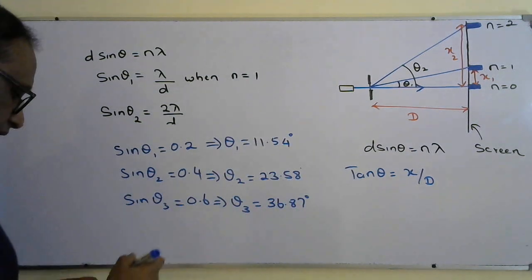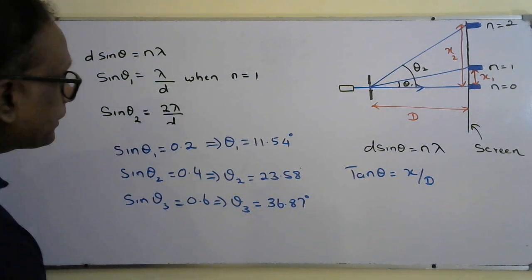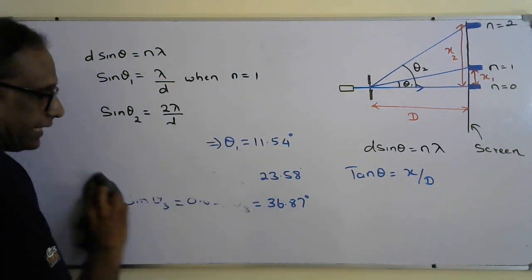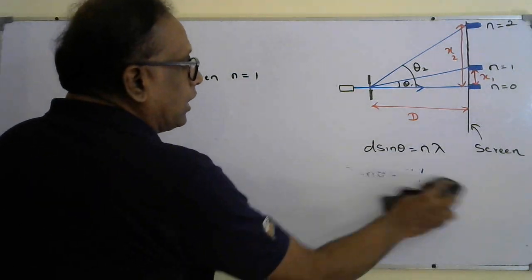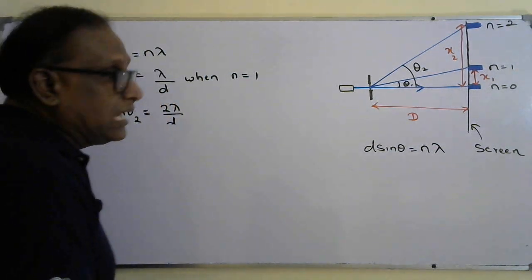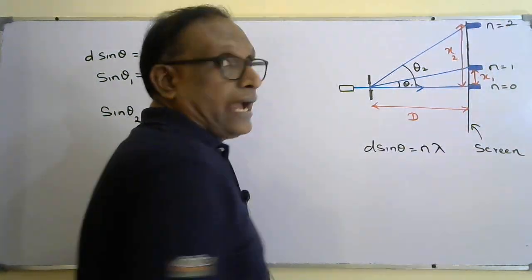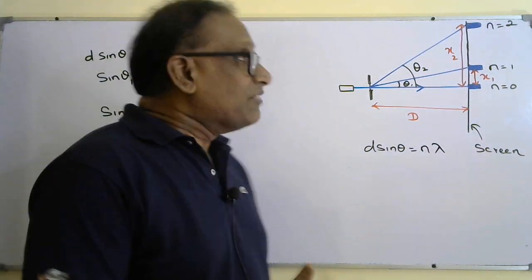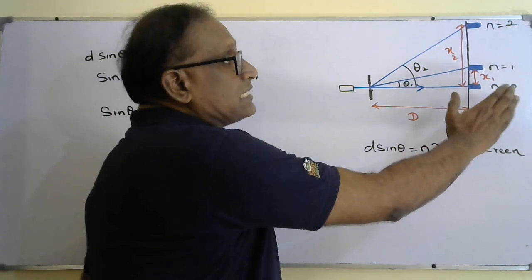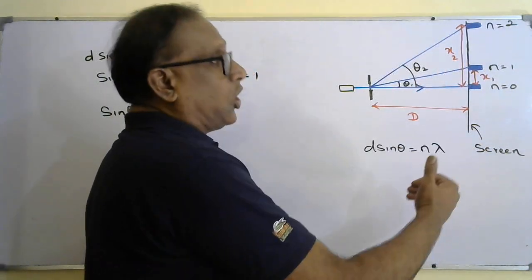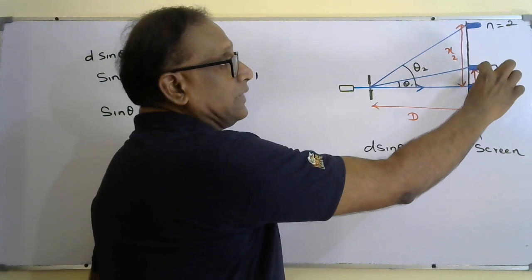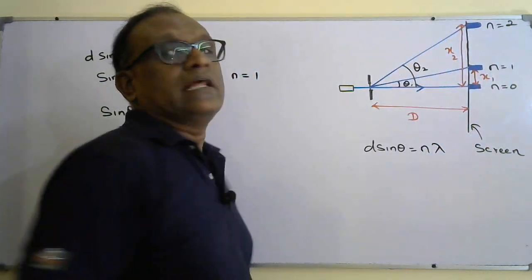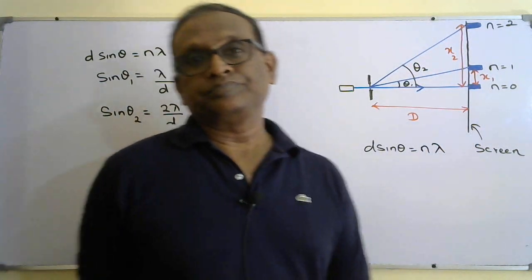Anyway, you don't need this much mathematical explanation, but I just did it. You must know the gap between the adjacent bright bands formed on the screen won't be the same, it will increase. When we move from the 0th order to higher orders, the distance between the adjacent bands will increase. Better remember that.